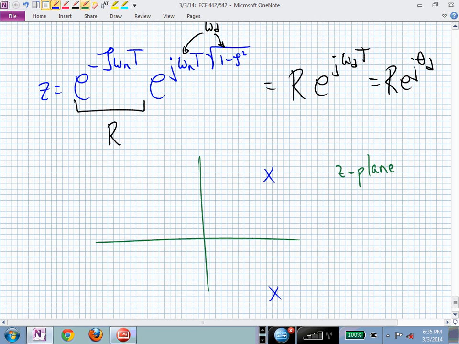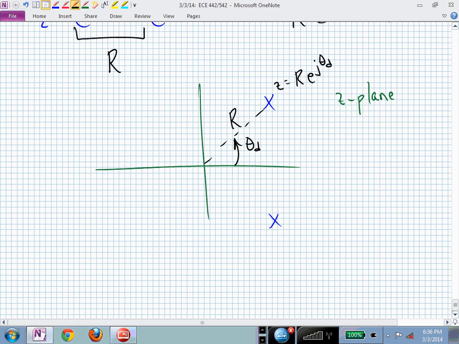This distance is now our r, which is e to the minus zeta omega sub n t, and this is our angle theta sub d. This pole is now r e to the j theta sub d. Now we know how this mapping is going to behave.